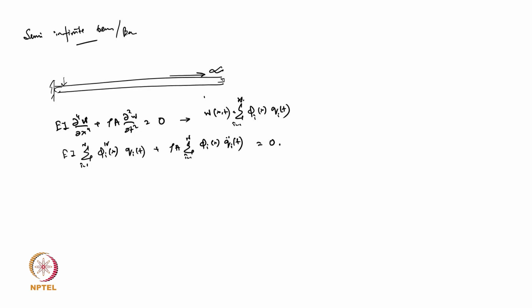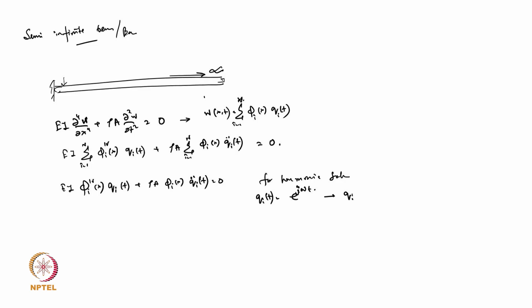Okay, so now once we have this, then we have also seen that once we are writing this type of way, it is valid for all the modes. So we can able to write it EI summation of phi i fourth order x into q i t plus rho A into phi i x into q i double dot t equal to 0. Now for harmonic solution, we can say that q i of t equal to e to the power of i omega t or maybe j omega t.